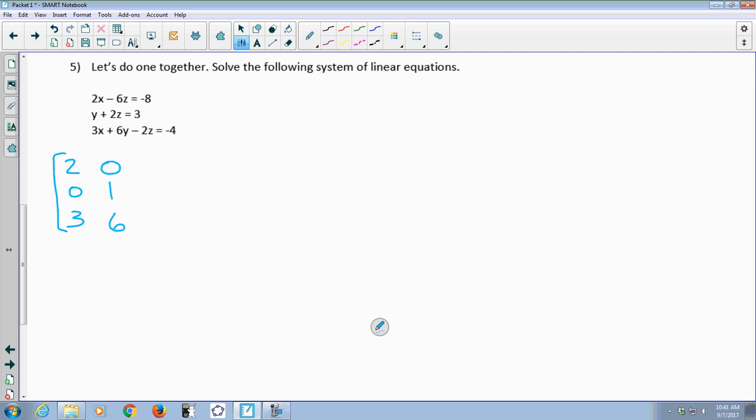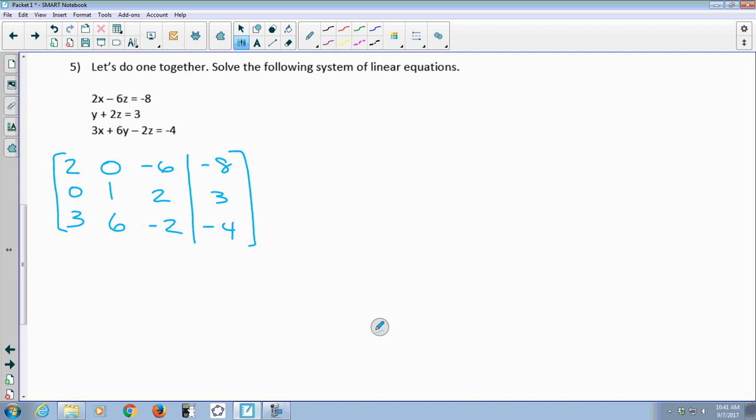And my z coefficients are -6, -2. Put a vertical line to represent the equal sign. Your textbook does not do this, but it's so common that I kept it because so many people use Khan Academy and stuff, and they use the vertical line. Then you put the constants on the other side. So -8, 3, -4.